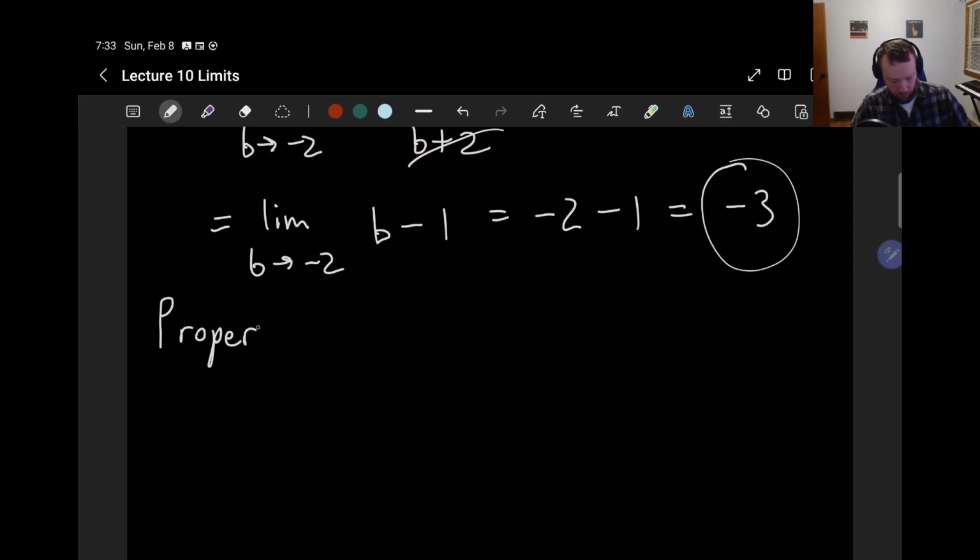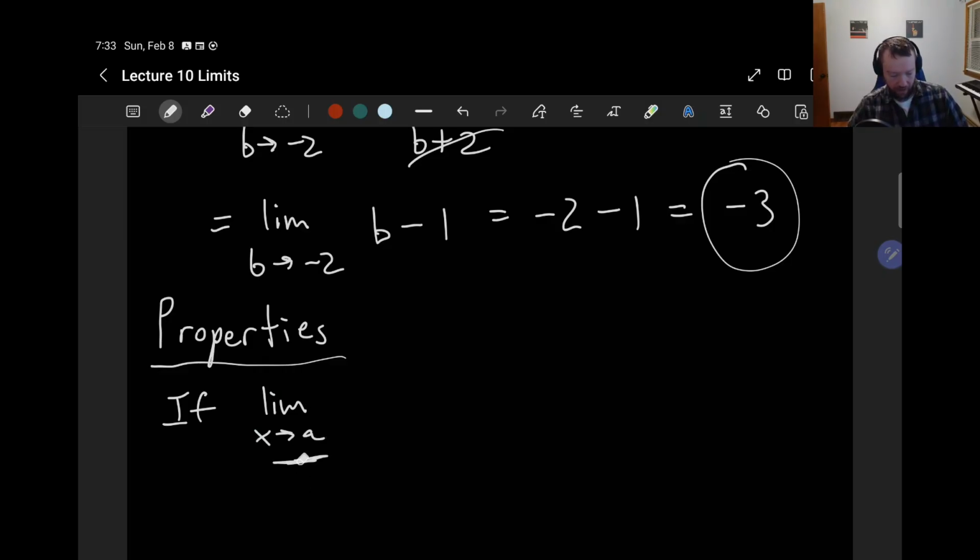Now let's discuss properties. Suppose we know two limits, different functions, but approaching the same x value of a.